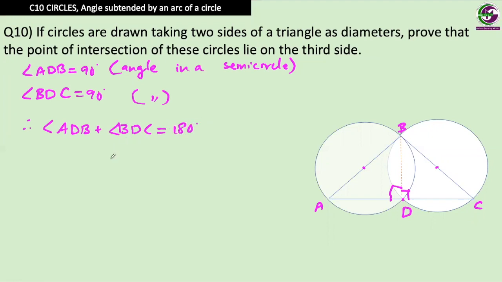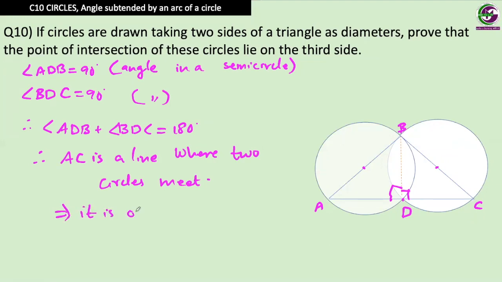So it's forming a straight line. Therefore, AC is a line where two circles meet, which implies it is on the third side of the triangle.